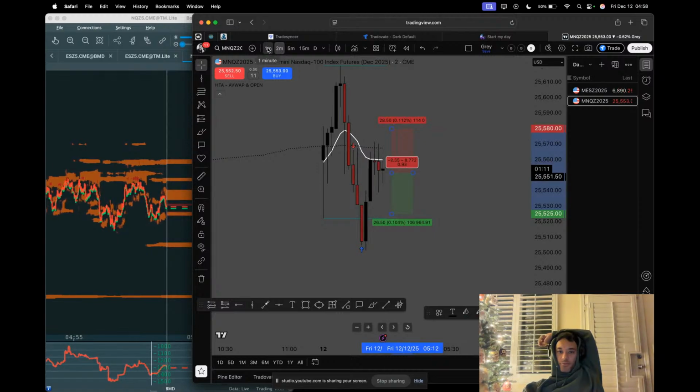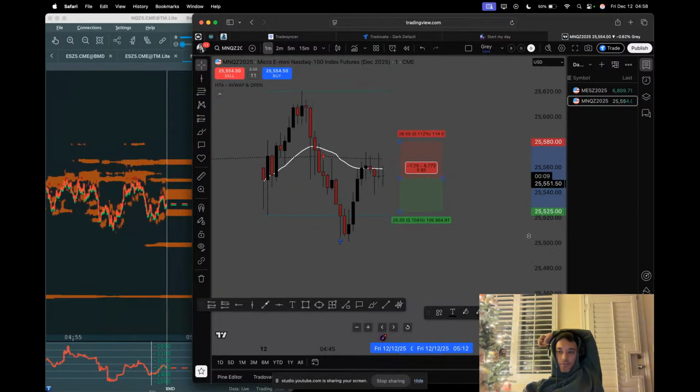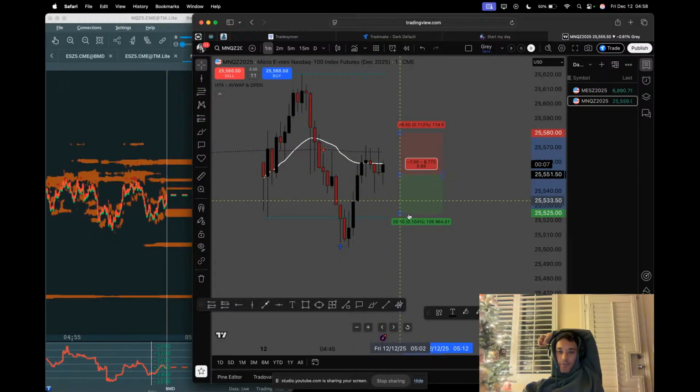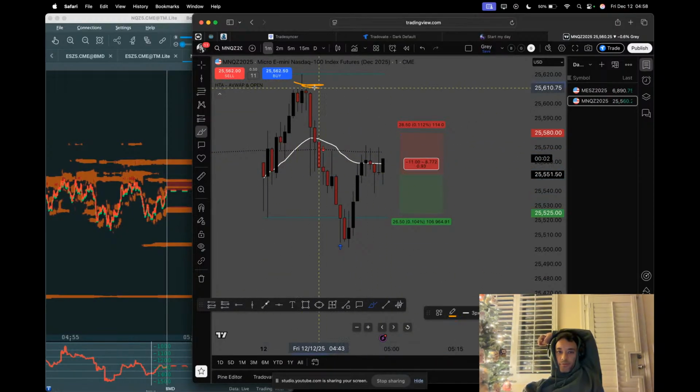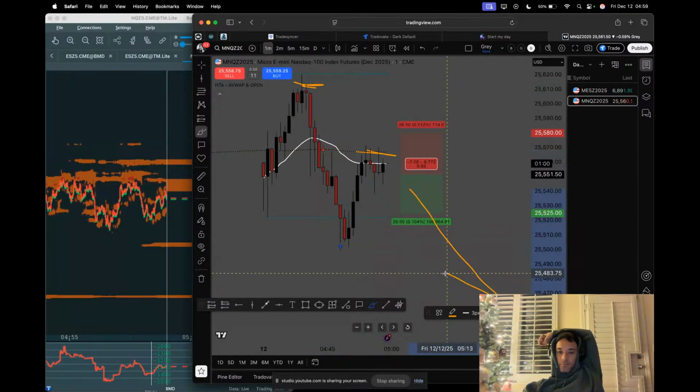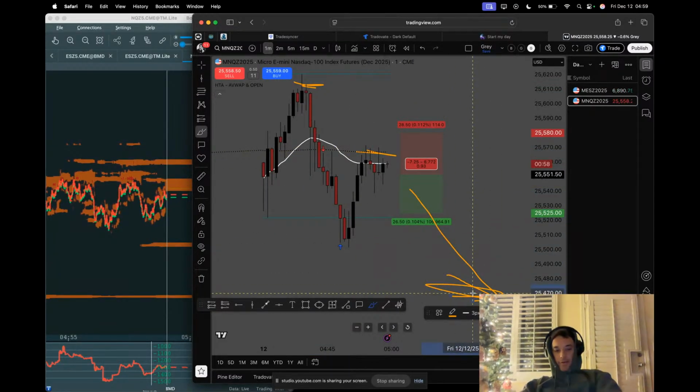Yeah, 2 minute looks bullish though. I like that. Again though, could be creating a higher low, or I mean a lower high. Boom, boom, boom. Something like that.